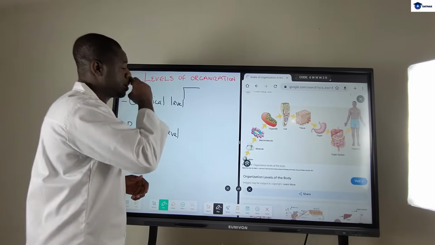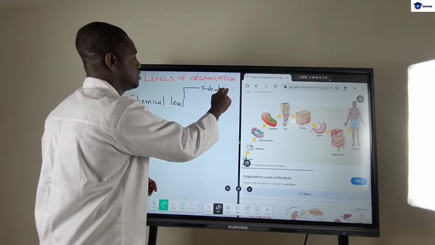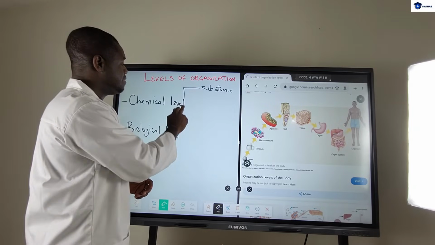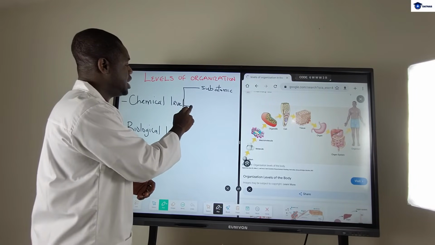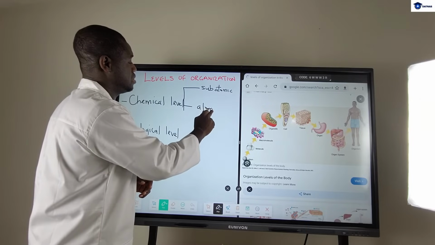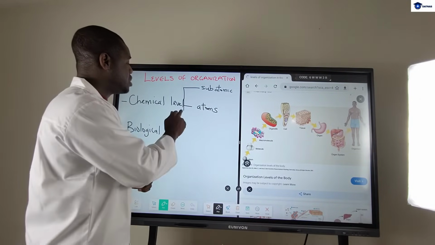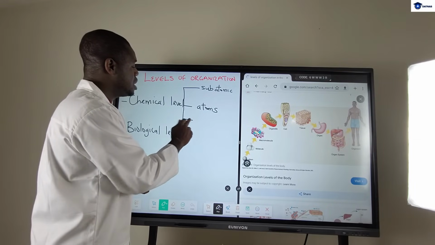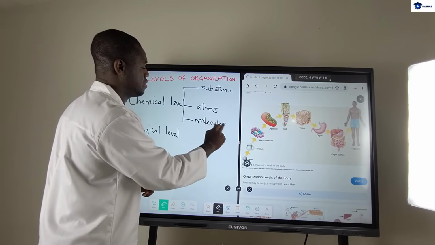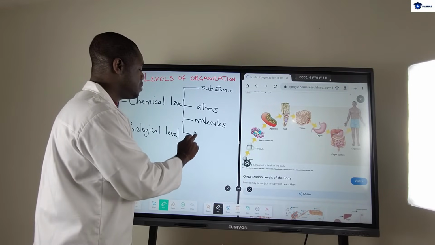We have the subatomic level or subatomic state. From there, we become atoms. From a state of atom, we advance to molecules. From there, we advance to macromolecules.